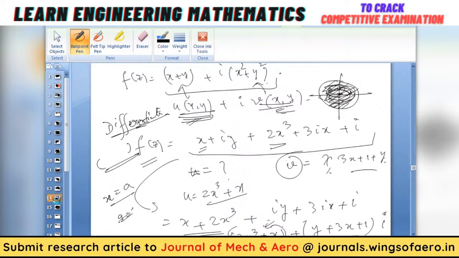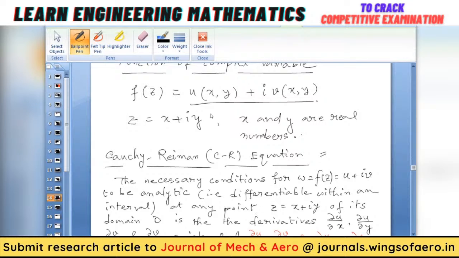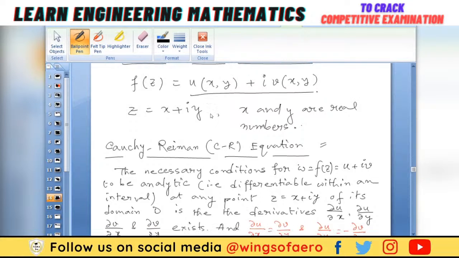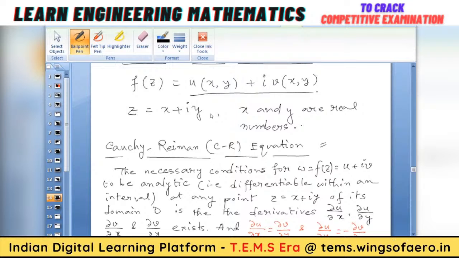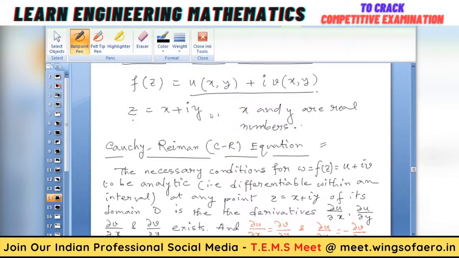So write down this one, the Cauchy-Riemann equations, very very important. I have just marked it in red color. If you're done, then tell me. I will go for the example.